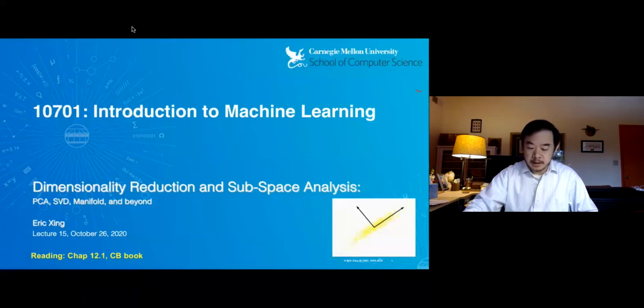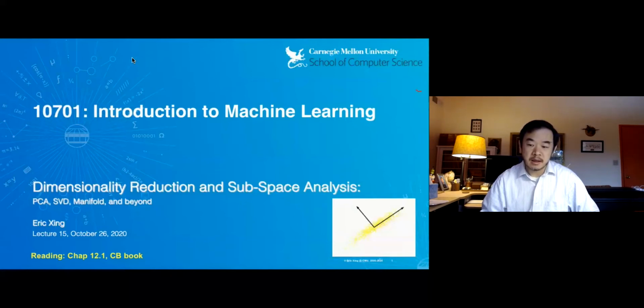There actually are a much richer set of problems in the scope of unsupervised learning. And today I'm going to talk about the problem sometimes known as subspace analysis and also dimensionality reduction, which are arguably maybe even more popular and widely practiced in the field of machine learning.